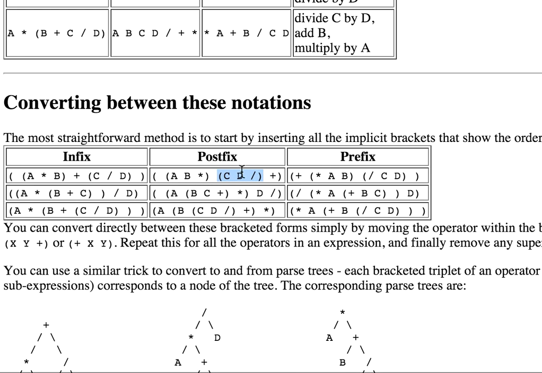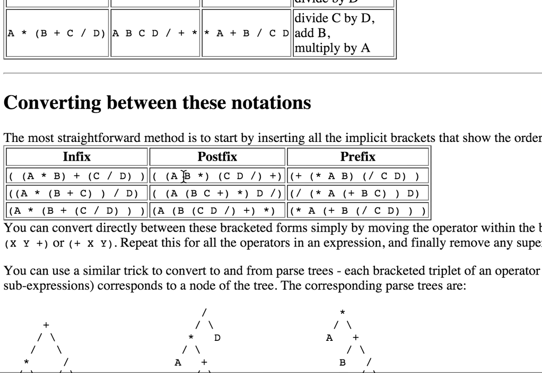After you evaluate this, for example, c could be 10 and d is 2, so 10 2 division is basically 5. So this highlighted part is a number, an operand. We have an operand, another operand, and this operator goes all the way to the end. This is how you convert from infix to postfix.